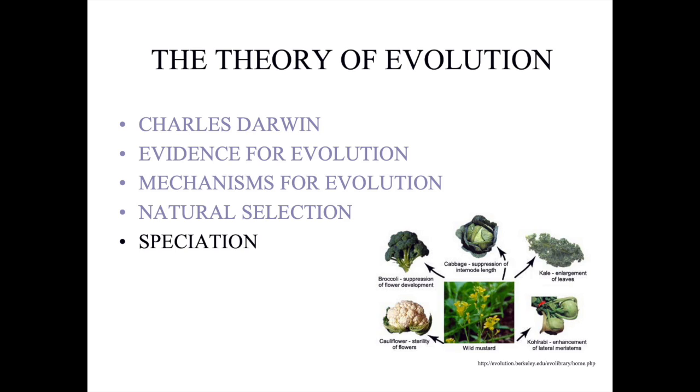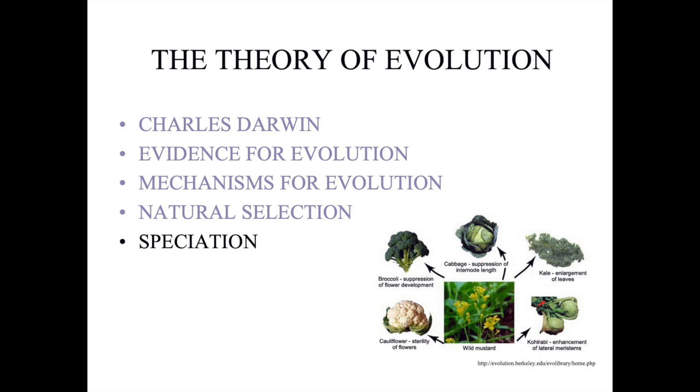And so think of how could you have a species that started out originally the same species, maybe two different colored lizards, what could happen that could separate them long enough that they would no longer be able to breed with each other to produce fertile offspring?